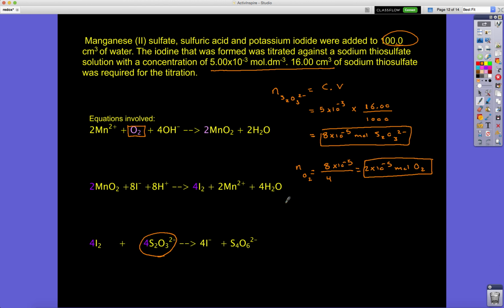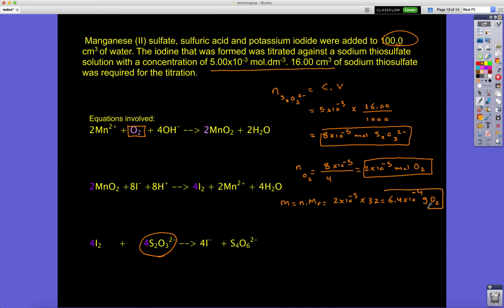Now we are going to convert this to mass. Mass is nothing but moles times molar mass. So it's 2 times 10 to minus 5, multiplied by, it's diatomic oxygen, so 16 times 2 is 32. And when you do this, you will get 6.4 times 10 to minus 4 grams of oxygen.